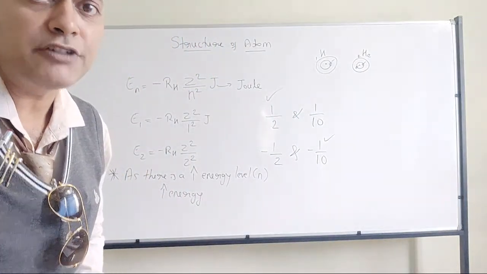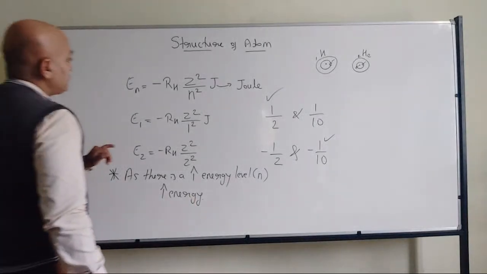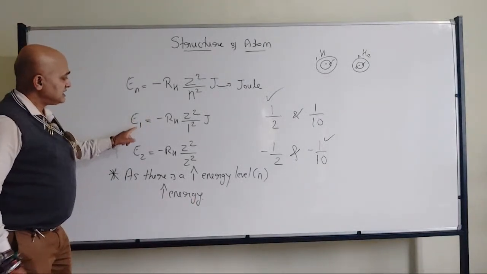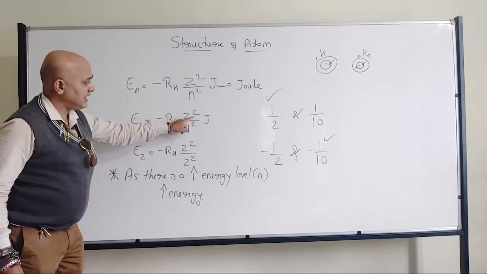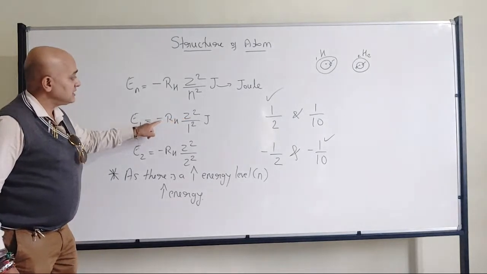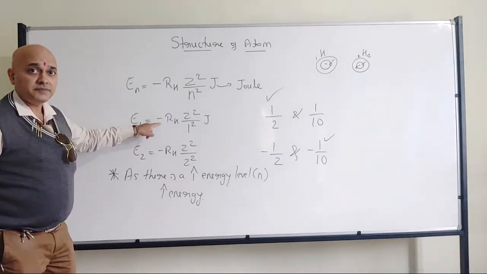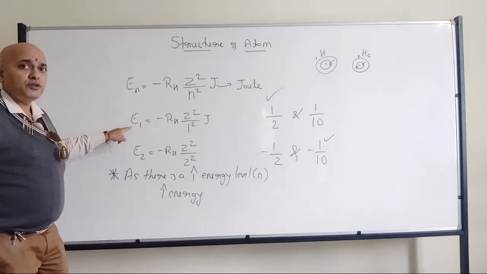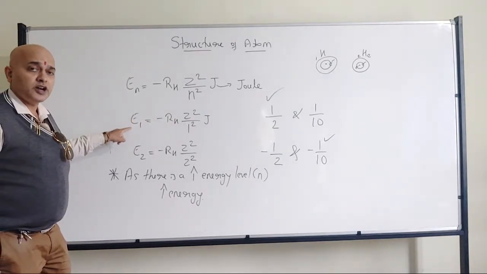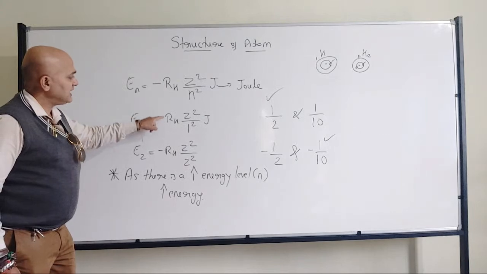Anju, it is hydrogen. Yes, it should be hydrogen. That is because energy and atomic number are directly related. But the problem here is the negative sign. As the value increases, energy is going to decrease.